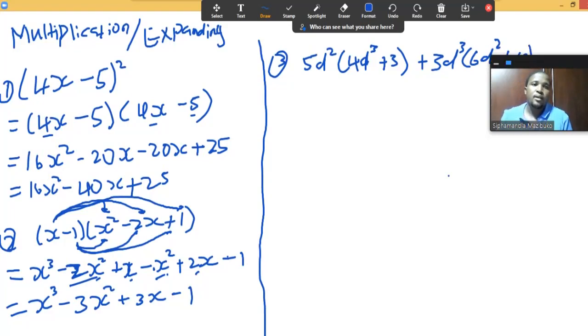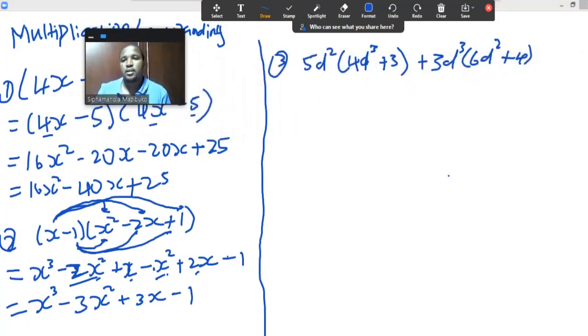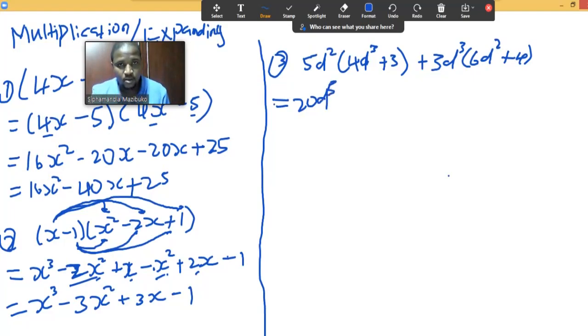Okay, let's move this one to the other side, right? Okay, cool. So let's do this one. We start from here. So we do the same thing. This is a monomial multiplied by a binomial. So we'll have 5 times 4, it gives us 20. d squared times d cubed gives us d to the power 5.